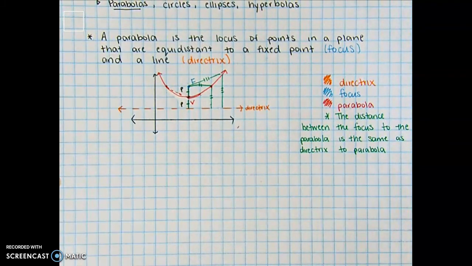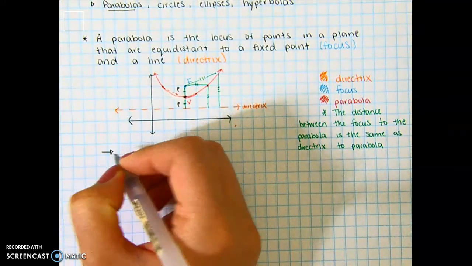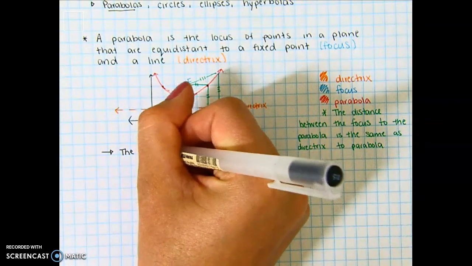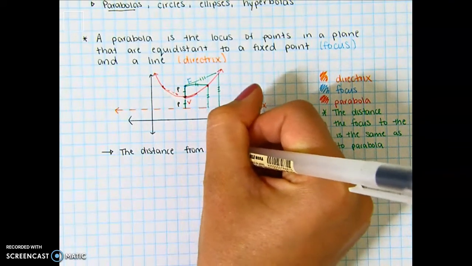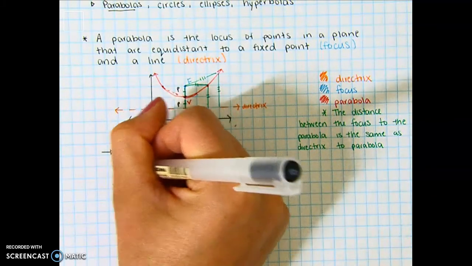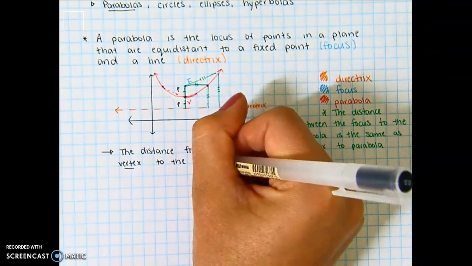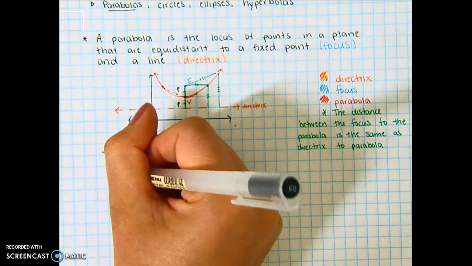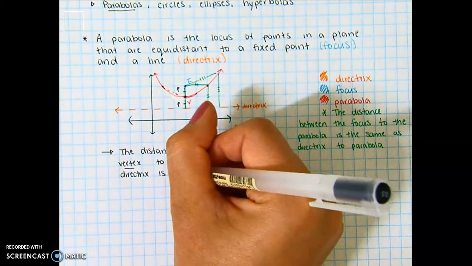Okay, the p-value, which I mentioned, is very important. The distance from the vertex to the focus and directrix is the p-value.